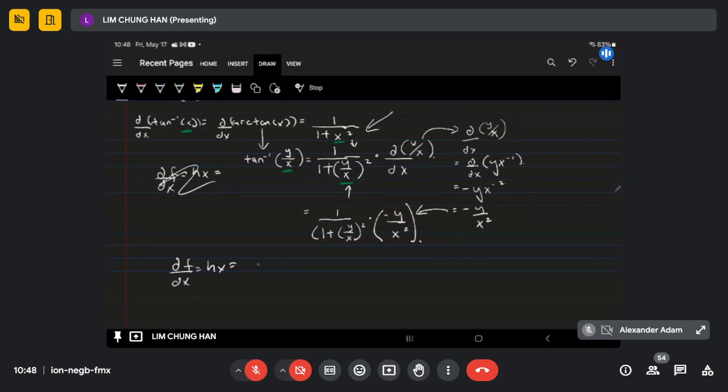This one multiplies together, so you get negative y over... I multiply my x in there. Multiply in there, so we get x squared plus blah blah blah. The x cancels out, y squared. Yeah, that's what we get.